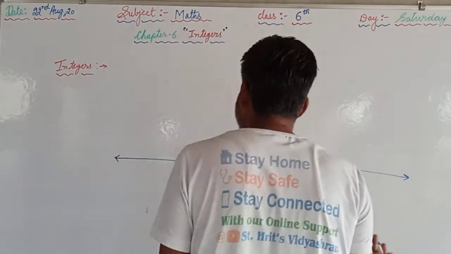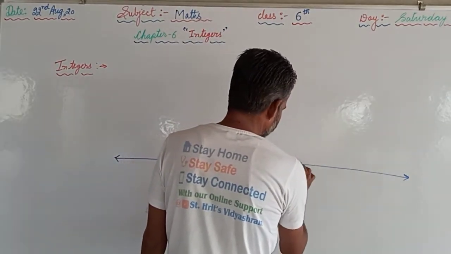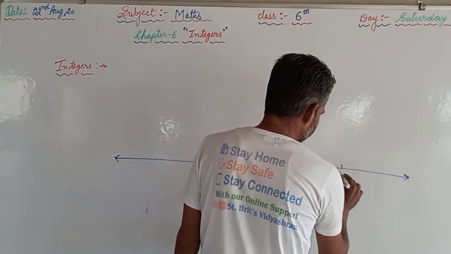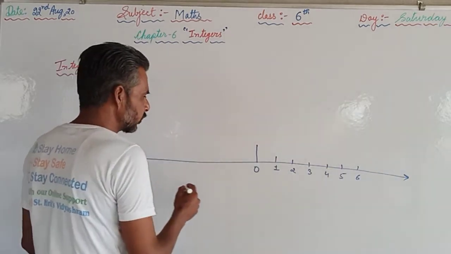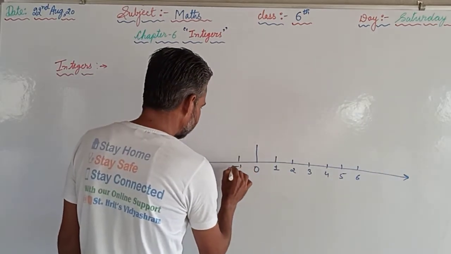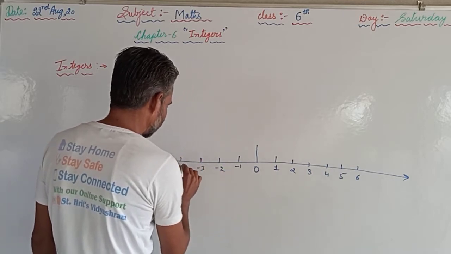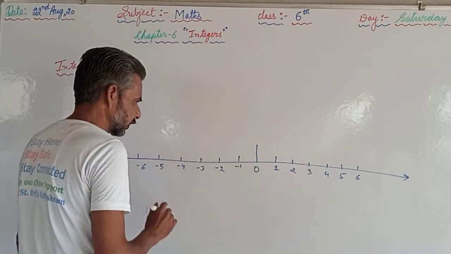On the right hand side of 0 there will be positive numbers 1, 2, 3, 4, 5, 6 and so on. On left hand side of 0 there will be negative numbers -1, -2, -3, -4, -5, -6.